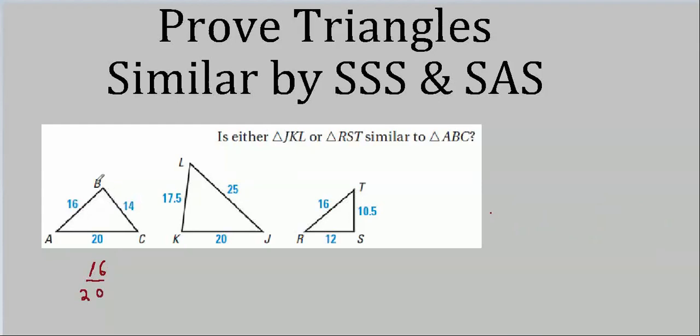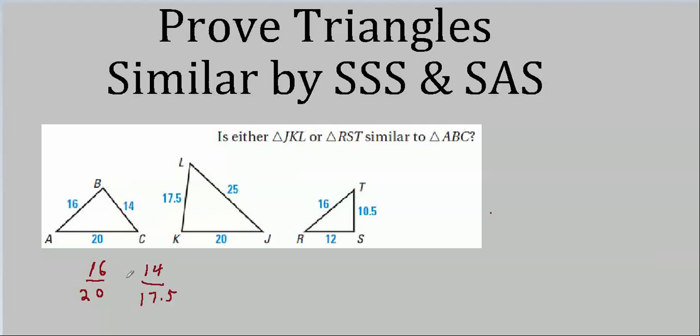What about the next ratio? How about BC to KL? Here's BC, here's KL, so that's 14 over 17.5. I'm not putting any relational indicators in here yet.